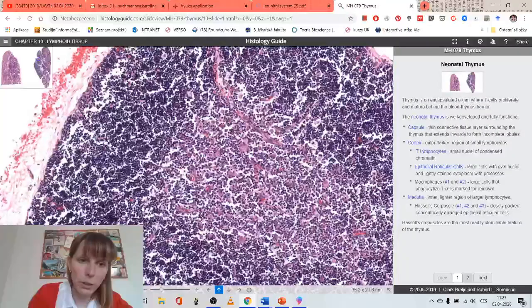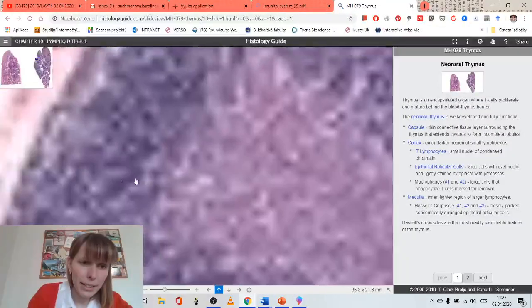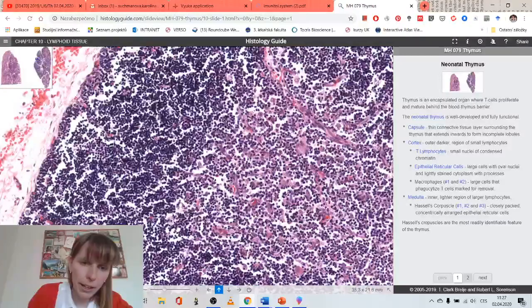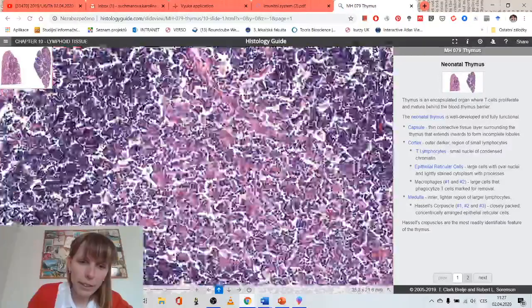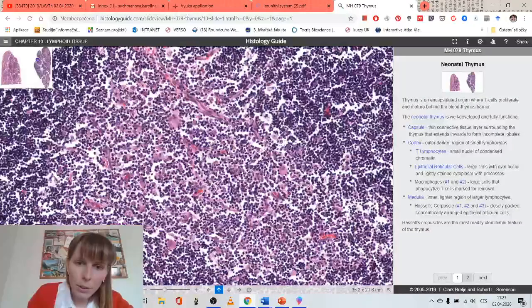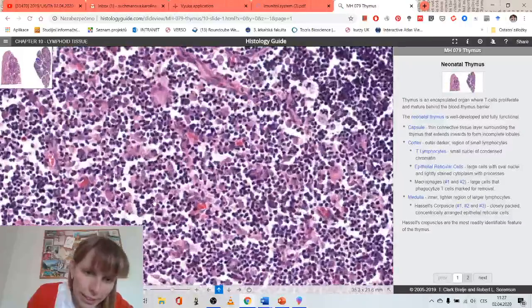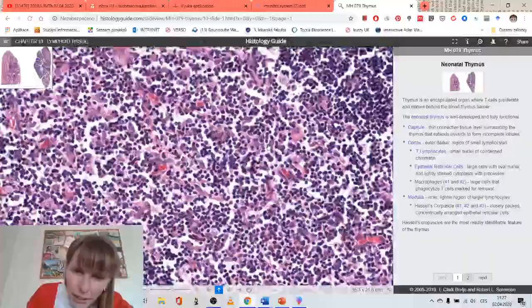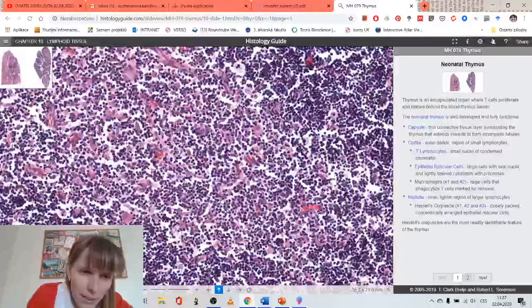This is the cortex, tightly packed T lymphocytes being matured, and in the middle this would be the medulla, more loose, and we should see the Hassall's bodies.